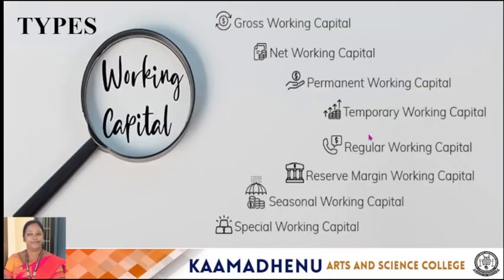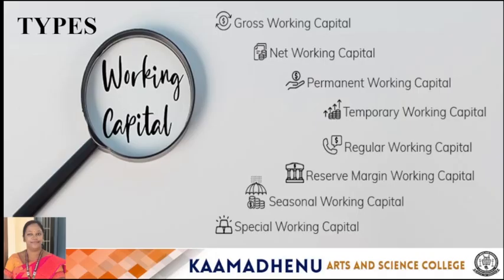Next one is the various types of working capital. The various types of working capital are: number 1, gross working capital; second one, net working capital; permanent working capital; temporary working capital; regular working capital; reserve margin working capital; seasonal working capital; special working capital.